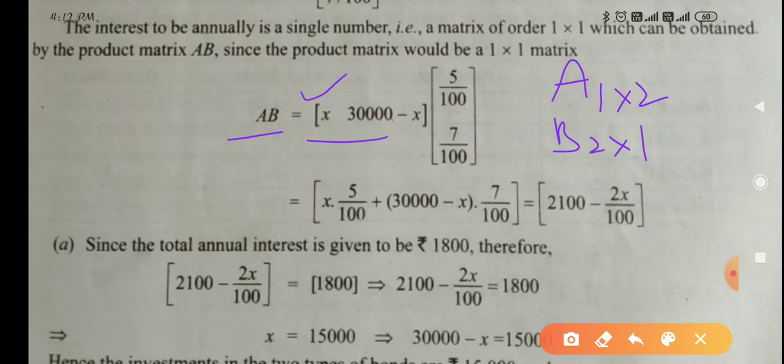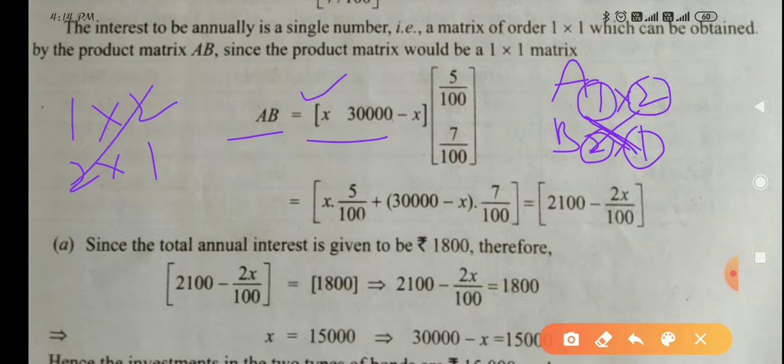Now you can check that the column of the first and the row of the second are matching. So matrix multiplication is possible. Now if you multiply, you will get a 1 by 1 matrix. The remaining numbers are 1 and 1, so the resulting matrix is 1 by 1.